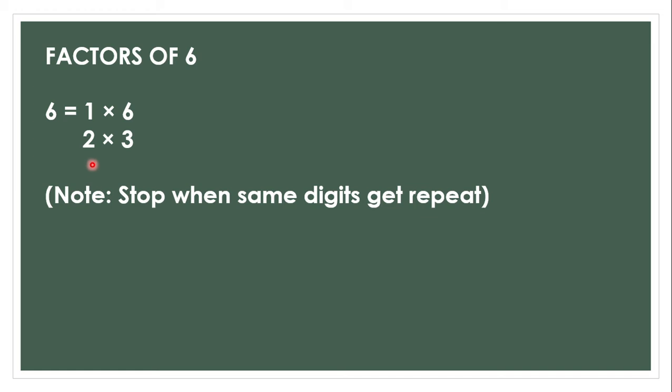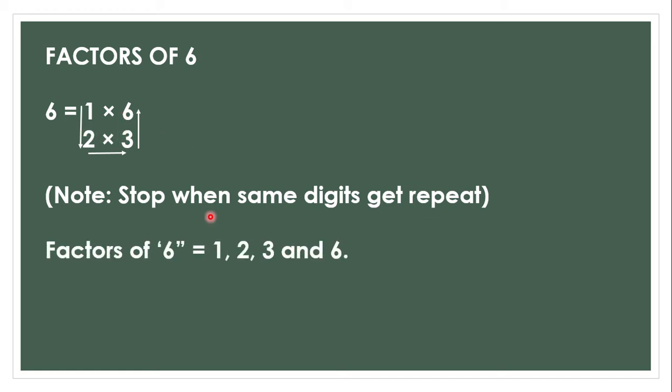When I say 3 twos are 6, the digits 3 and 2 are repeated, so we have to stop. After stopping, we put the arrow marks in this way and write the digits in this order: 1, 2, 3, 6. See, the factors of 6 are 1, 2, 3, and 6.